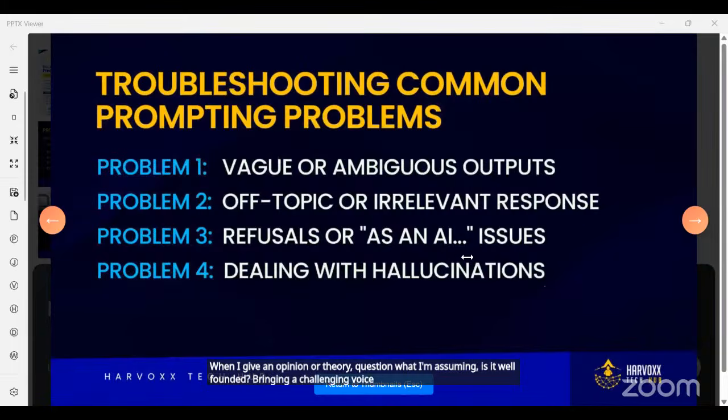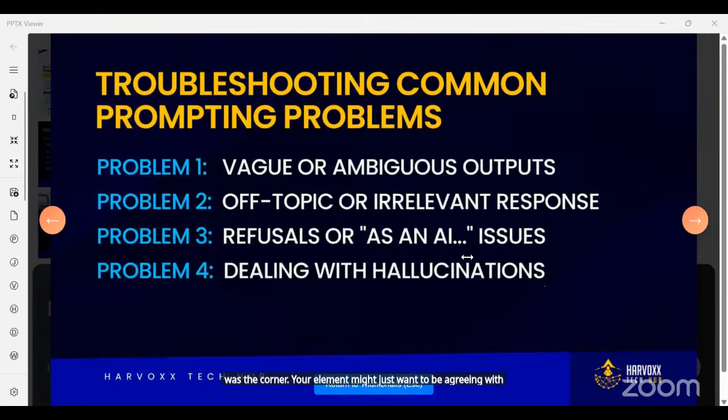Your AI might just want to be agreeing with you.